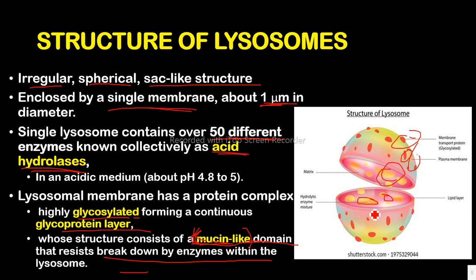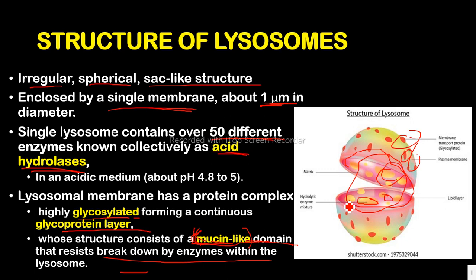How are they maintained inside without damaging the lysosome itself? It is simple. This membrane has that mucin, like mucus. Yes, how soft it is. So the mucus lines the interior of this lysosome.